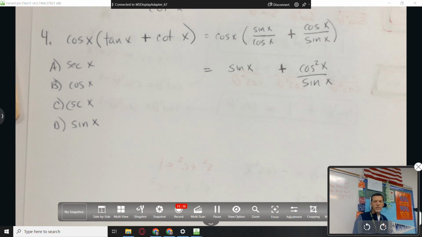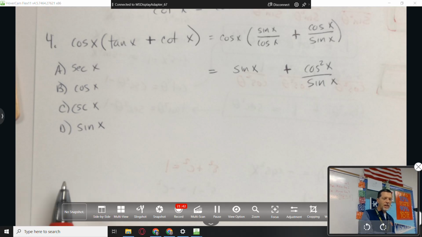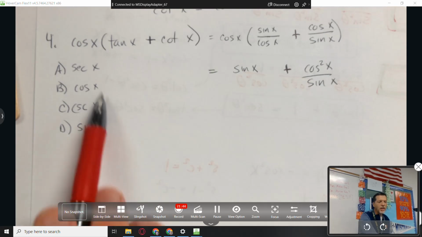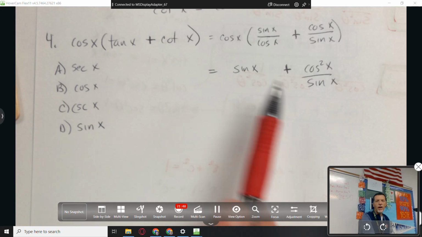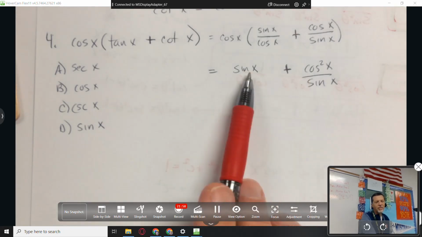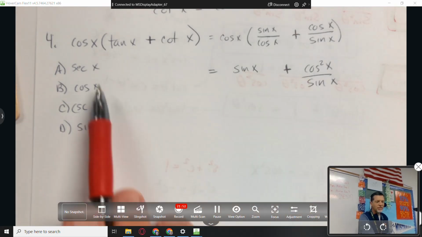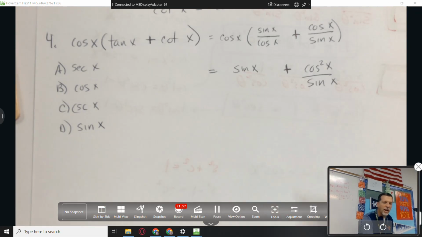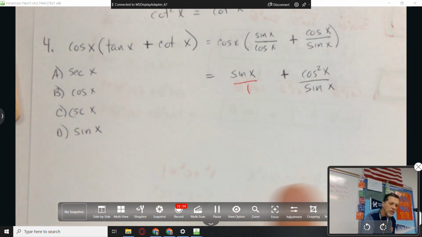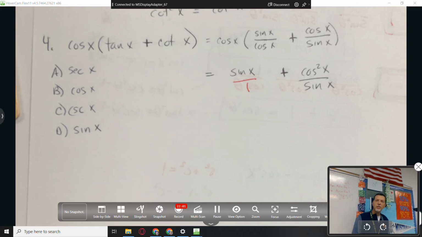Okay, the next step is maybe kind of tricky, and you have to have done a few of these probably to figure out where we're headed. But I look at my answer choices, and they're each just one thing. So I know I can't have two pieces to my answer. It's got to somehow simplify to one thing. So if I want to combine two fractions that are adding into one, what do I need to do?